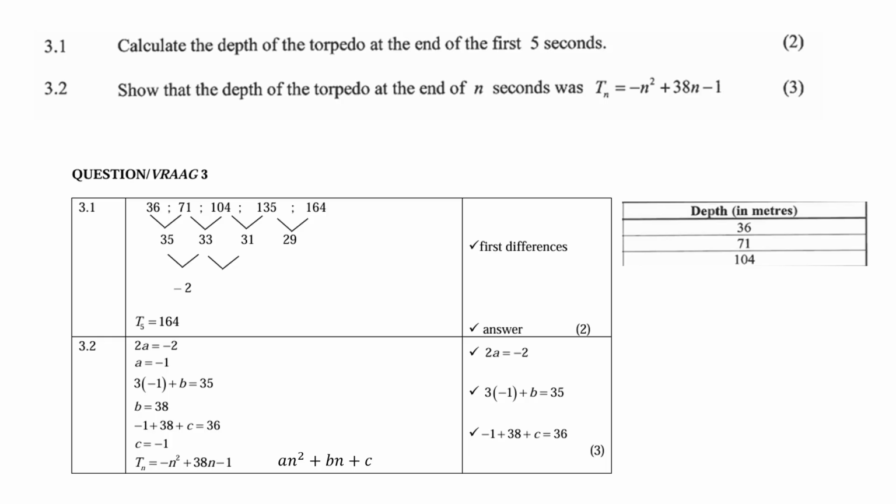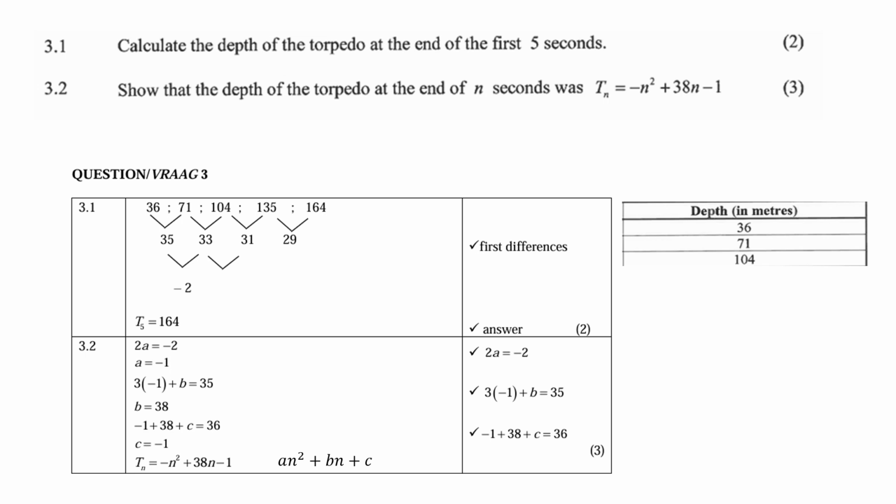Question 3.1. Calculate the depth of the torpedo at the end of the first 5 seconds. Now remember, the first 3 values were given: 36, 71, 104. You'll notice that the first difference between the first 2 terms is 35. Then the first difference between the second 2 will be 33. So that gives you a second difference of minus 2.